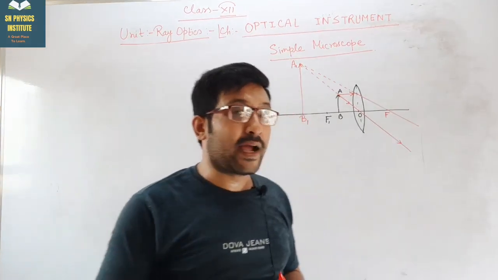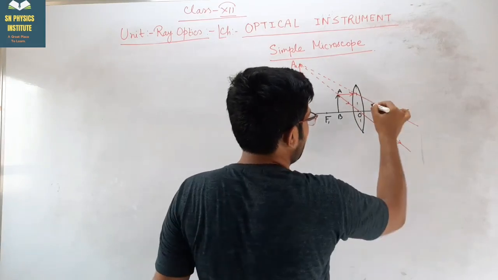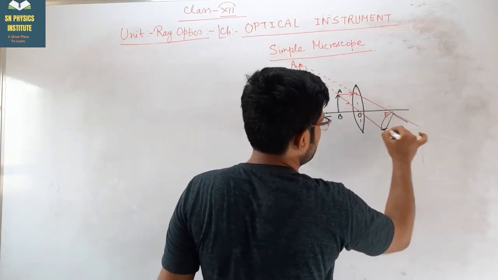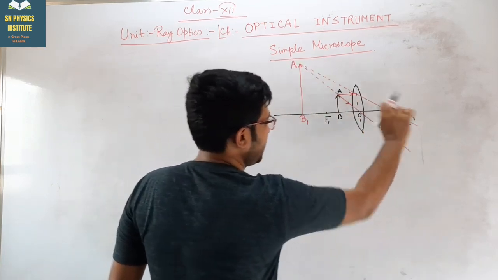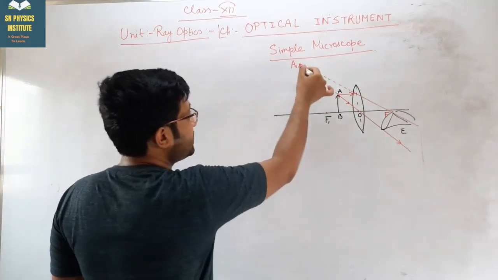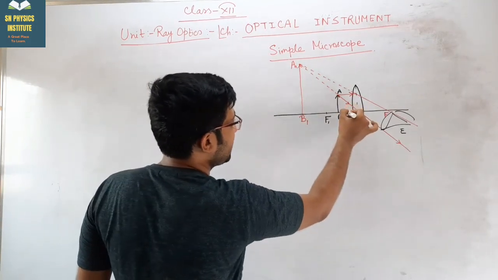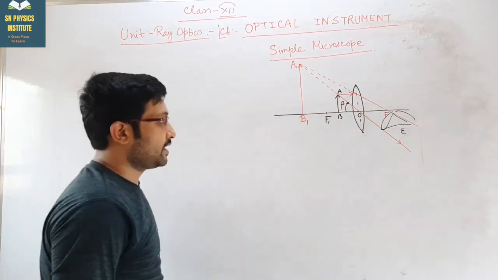Now a very important thing: this lens is very close to our eye, so this image will make angle beta.